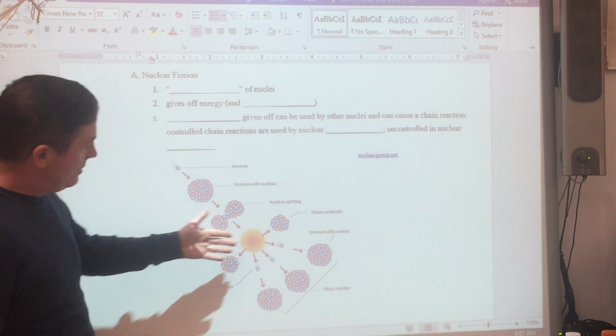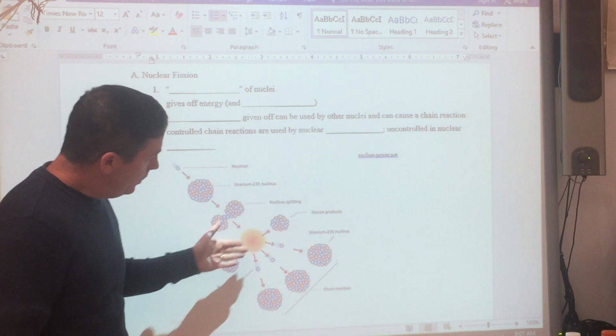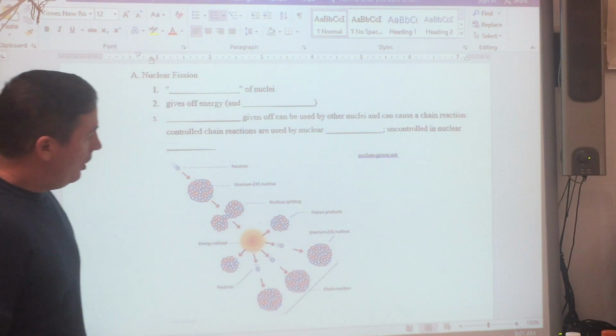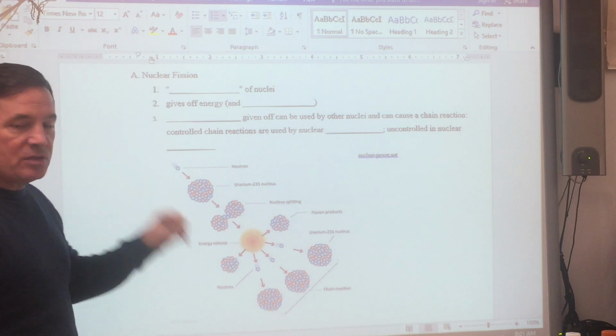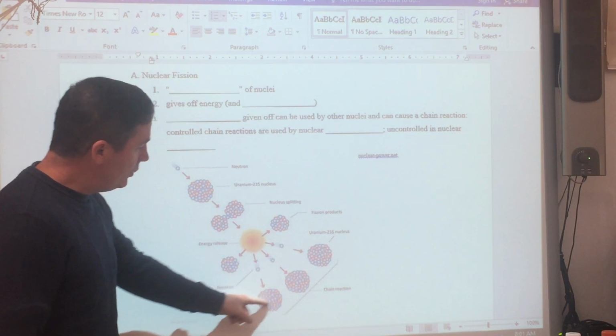And when that happens, neutrons are also released, which can cause a chain reaction and cause more nuclei to split. And that continues for a long period of time depending on what kind of fuel you're using.